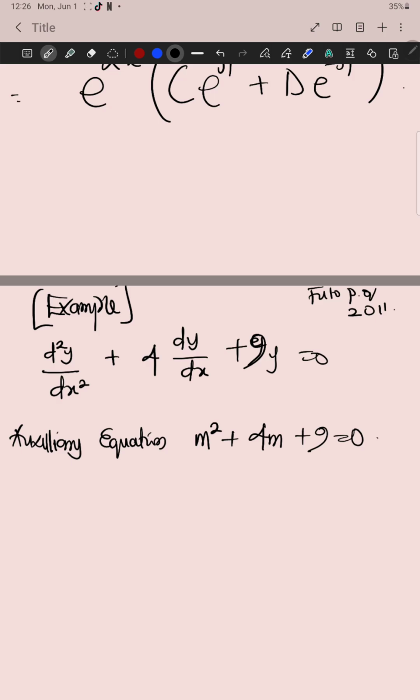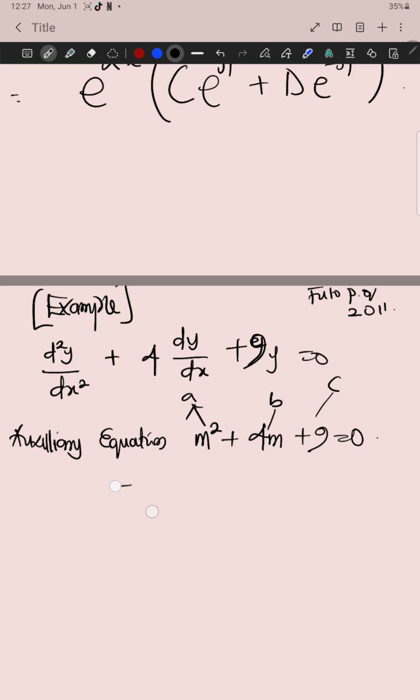Did you see that? It means that m is equal to negative 4 plus or minus, using the quadratic formula, where you say minus b plus or minus the square root of b squared minus 4ac, divided by 2a. Let's call this a, this b, this c.